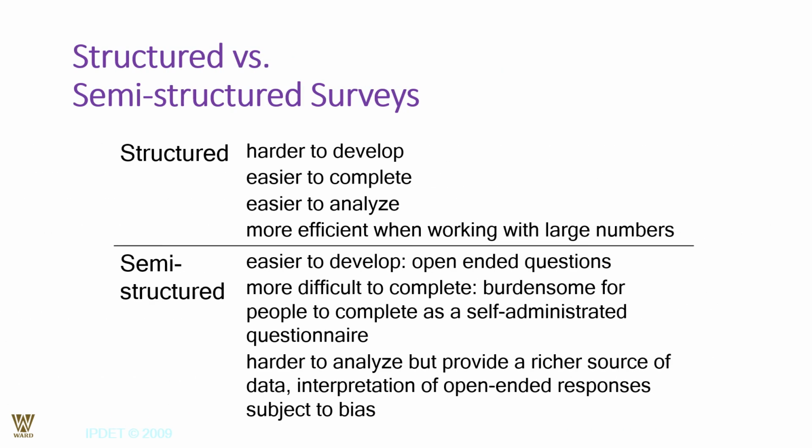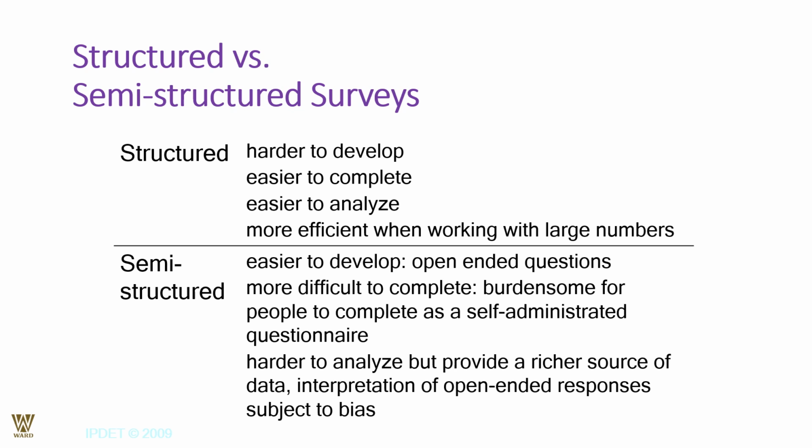So, semi-structured and structured, what are the differences? Structured surveys are harder to develop, easier to complete. Once the data is there, you can easily analyze it. It is more efficient when working with a large number of people. But what is happening with semi-structured? It is easier to develop since you just have open-ended questions.